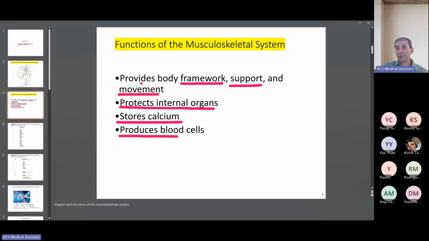Last but not least, blood. All the blood cells, blood in general, is produced within the bones. Red blood cells and white blood cells are produced in the bone marrow of the long bones.